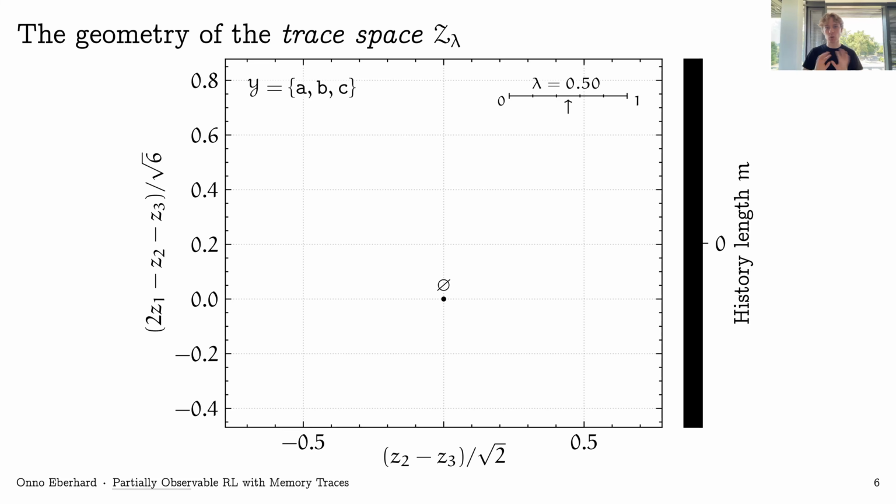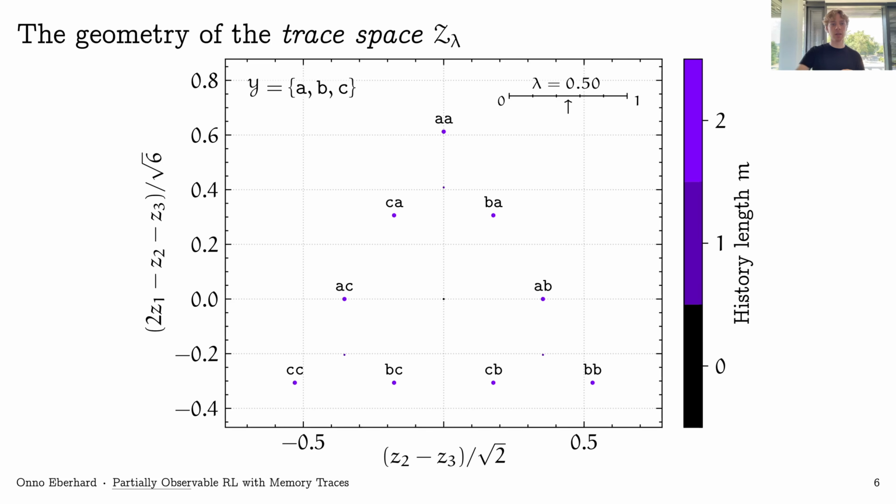If we have 0 observations, then the memory trace is simply the empty sum, so we're at 0. If we get a single observation, so a length 1 history, then the memory trace is just a scaled version of that observation vector. If we have a length 2 history, then the memory trace is constructed by adding to this most recent observation the previous one but scaled down.